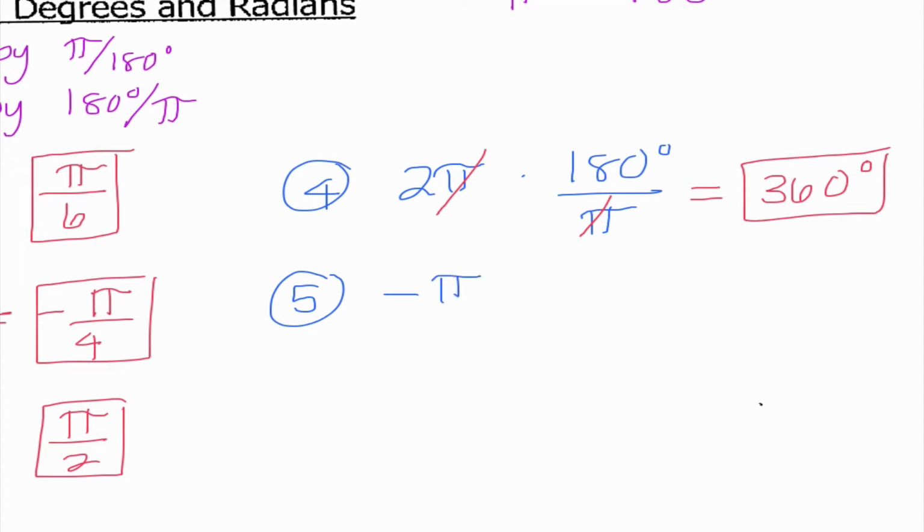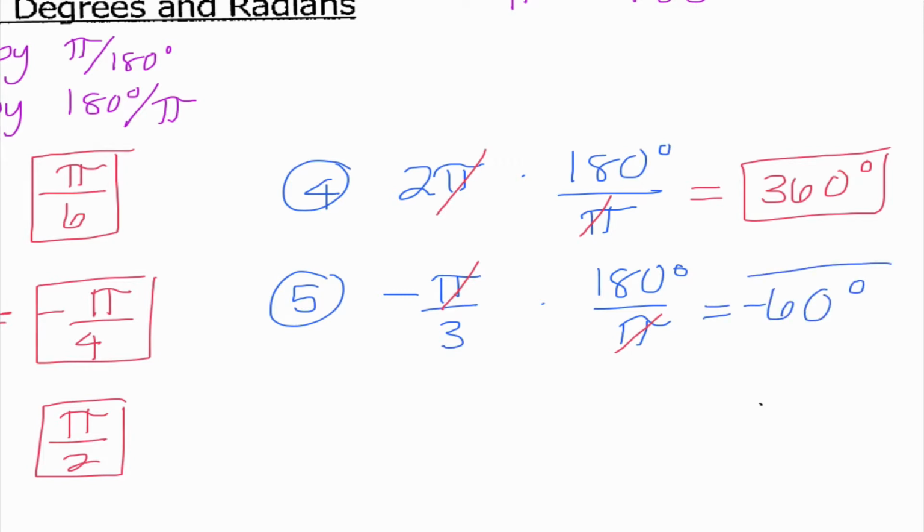If we had something like negative pi over 3, I would multiply it by 180 over pi. Notice my pi's cancel out, and 3 goes into 180 60 times, so I'm going to get negative 60 degrees. Okay, so that's how we convert back and forth with radians and degrees.